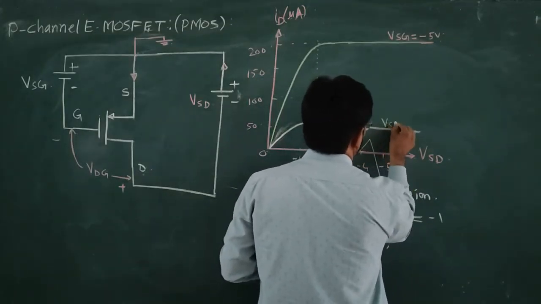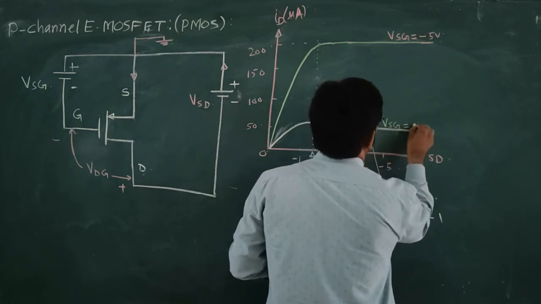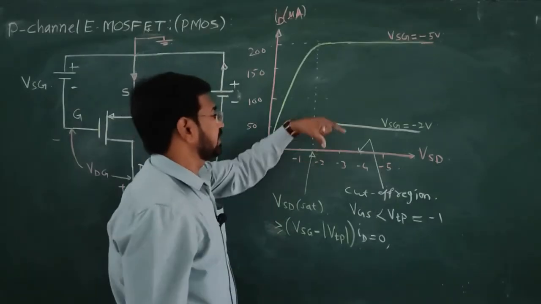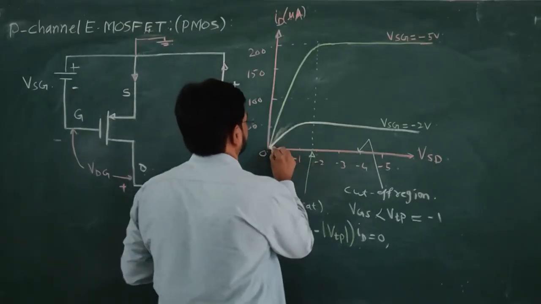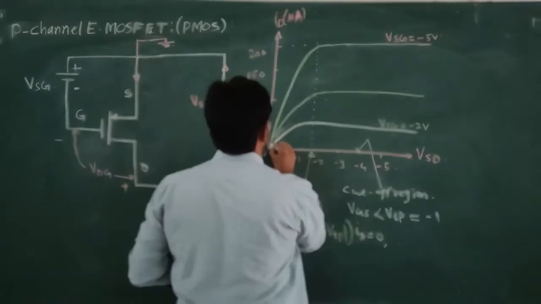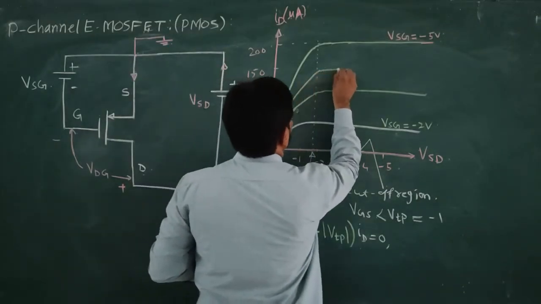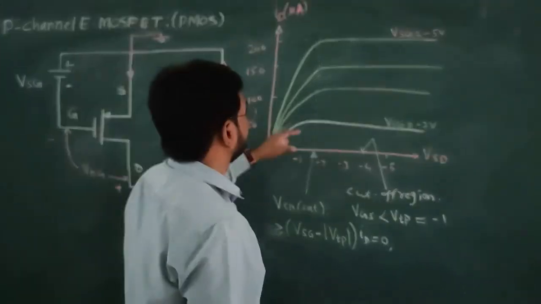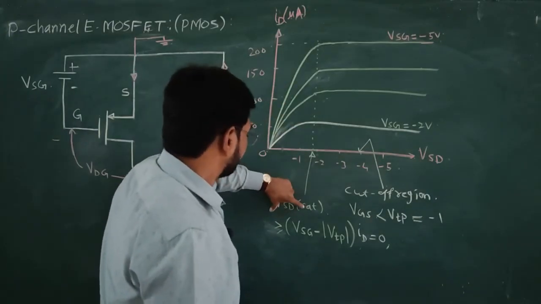So VSG can be -2 volt. Okay. And we get a family of curves, like an NMOS device. Okay, -4, -3 and so on. So, this is the condition required.